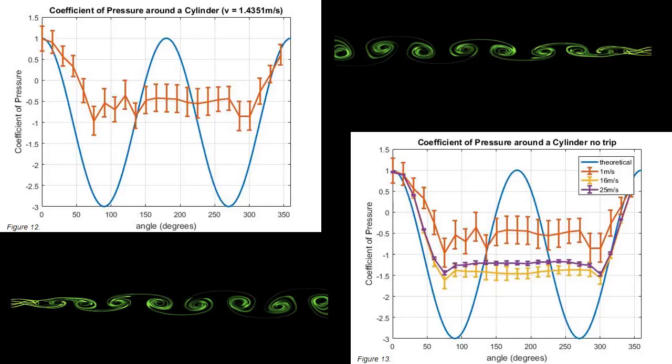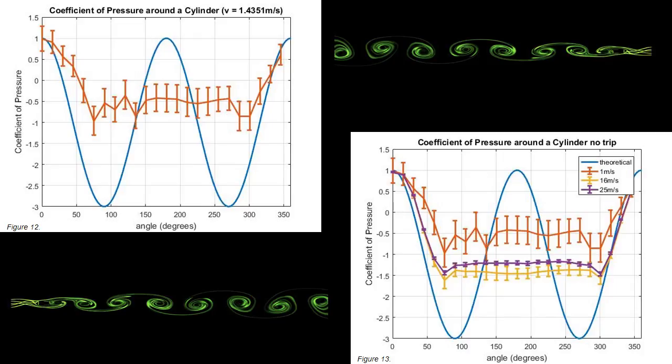For the slow case, the flow appears to differentiate from the ideal case sooner, meaning that separation occurs earlier. However, the pressure behind the cylinder is greater than that of faster speeds. This means it is closer to returning to a stagnation point behind the cylinder despite its early separation. According to Cengel and Cimbala in Fluid Mechanics: Fundamentals and Applications, flow separation occurs on a cylinder at approximately 75 degrees for laminar flow and around 140 degrees for turbulent flow.